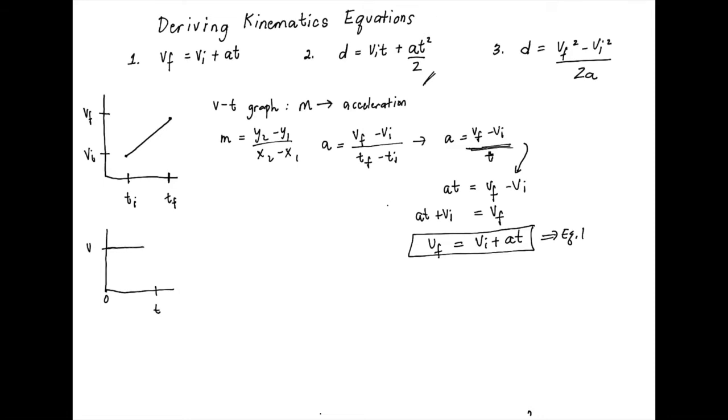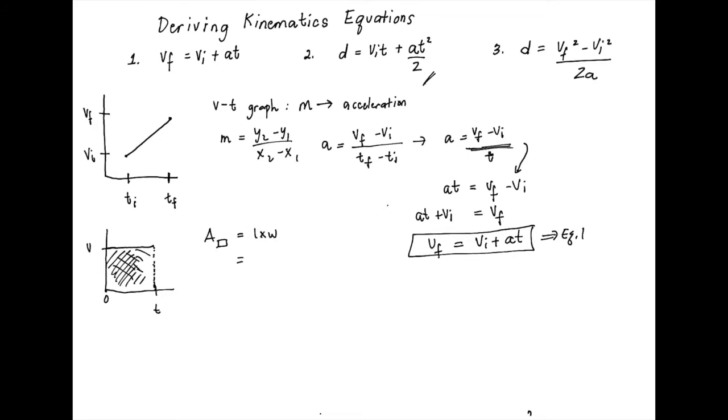I can simply draw a square, or this may not be a square but a rectangle. As we can observe, we have here our area. And remember, the area of a rectangle is simply length times the width.